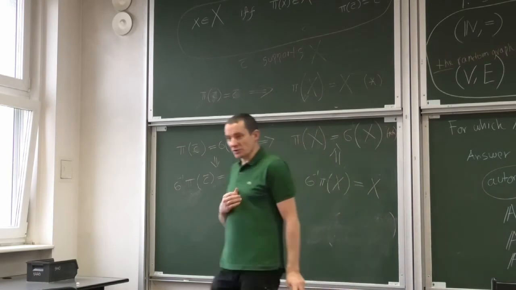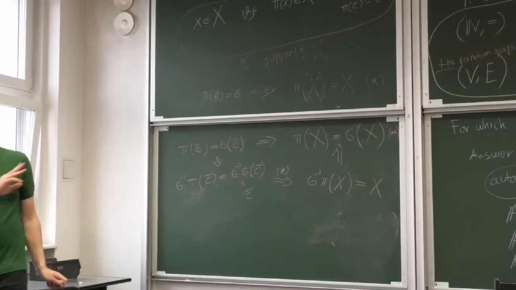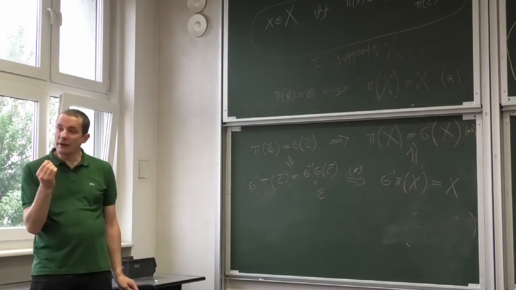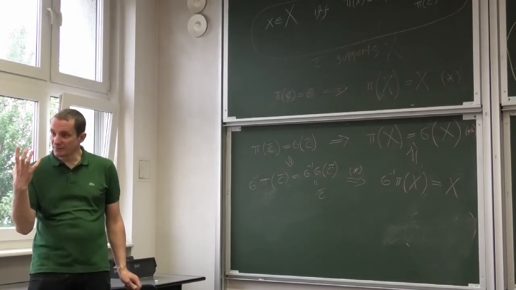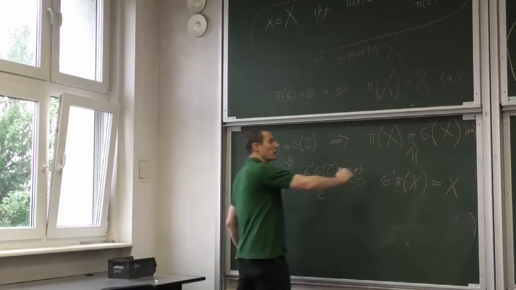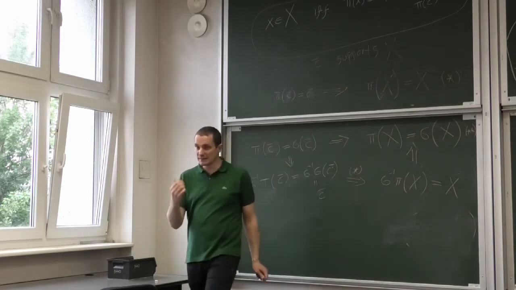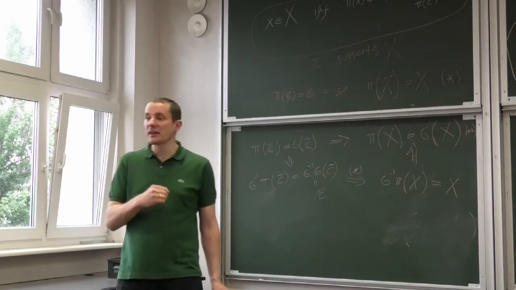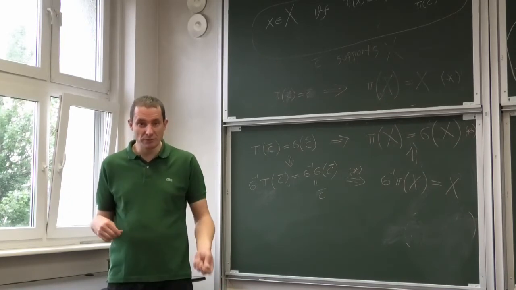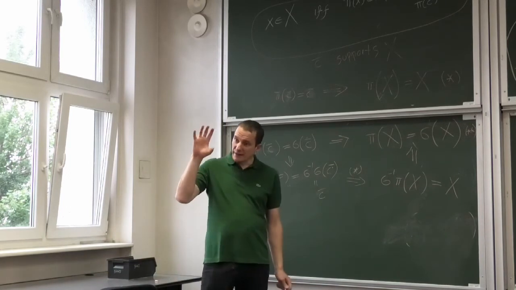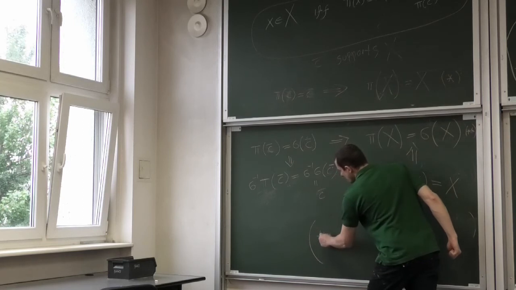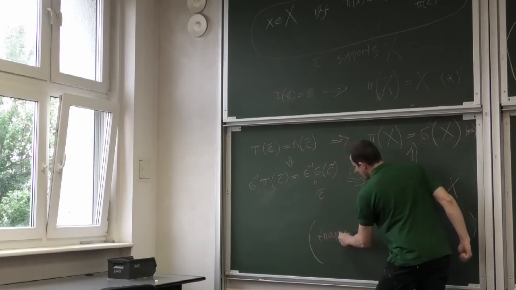So I made some assumptions here. Let's try to see what was really said here. What we have is a space where the elements are C bar, or maybe big X. This space consists of all things that I can construct using atoms: maybe tuples of atoms, sets, and so on.